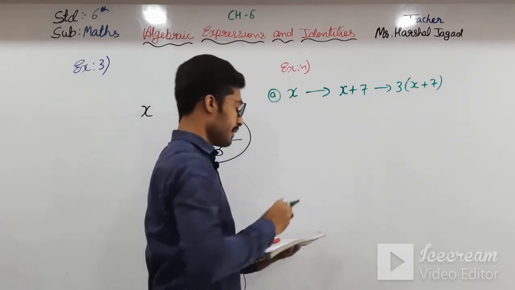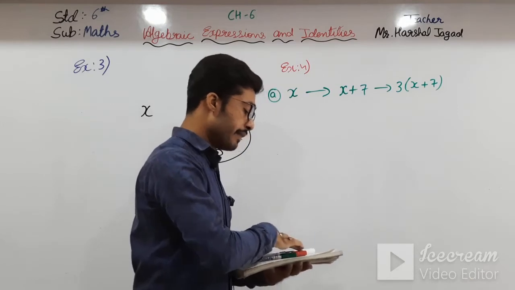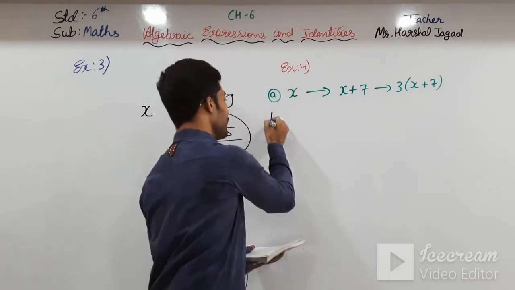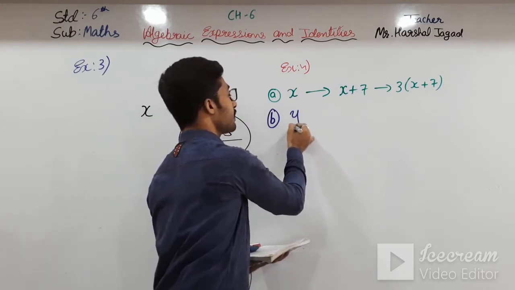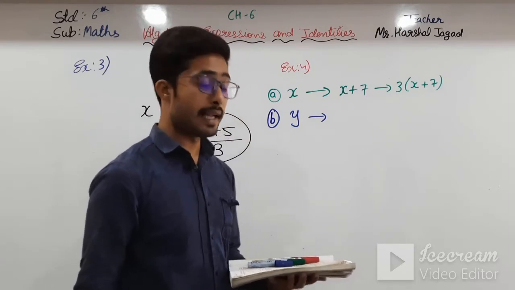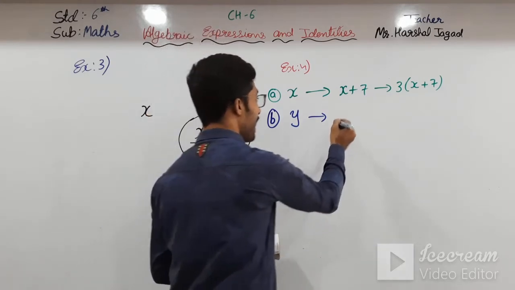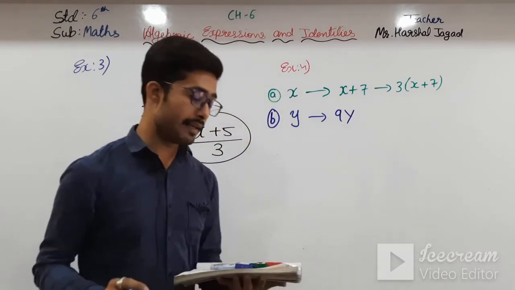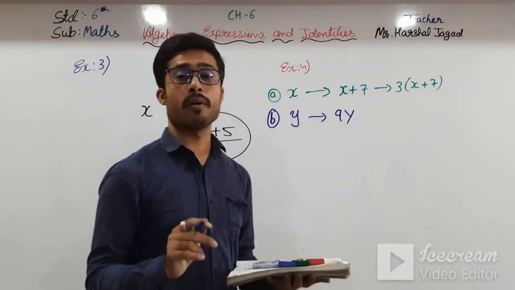This is the A part. Now, moving towards B. B is, I think of a number y. See here, B is given a number that is y, and what? Multiply it by 9. We have to multiply that number by 9, 9y. Okay, we have multiplied that and then subtract from 10.